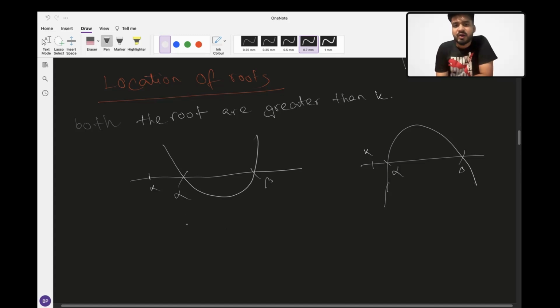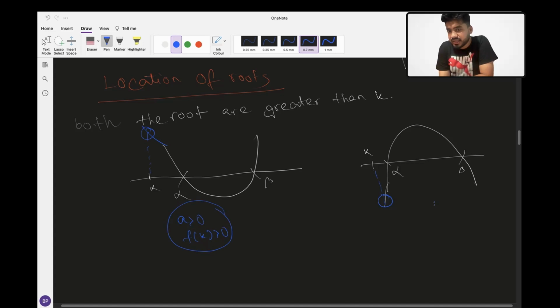Now, if we want to find the condition, what can we comment about k? So first of all, if you see the value of the function at the point k, you will see that the value of the function in this case is positive. But in this case, the value of the function is negative. So here a is positive and f(k) is also positive.